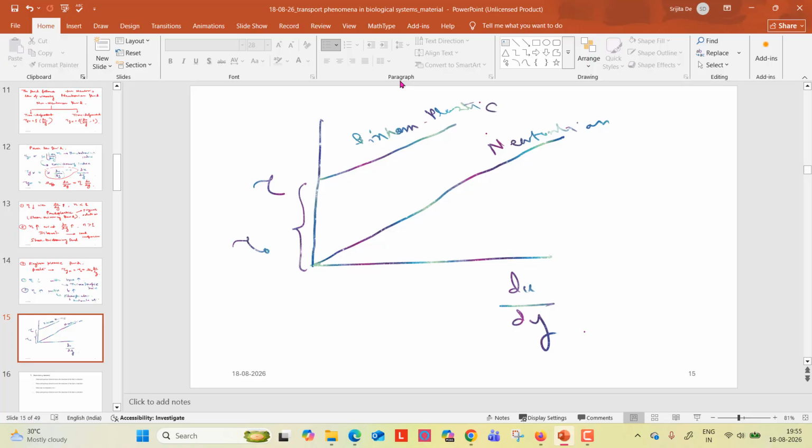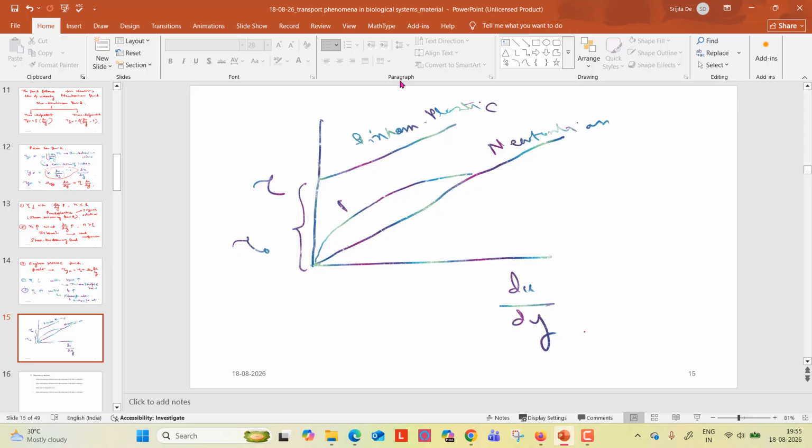And we said that this one is the shear thinning, that means viscosity is reducing. The slope is reducing, so shear thinning is happening.